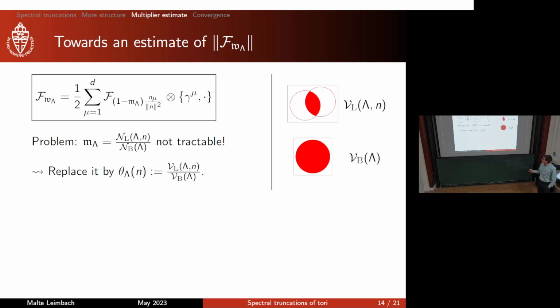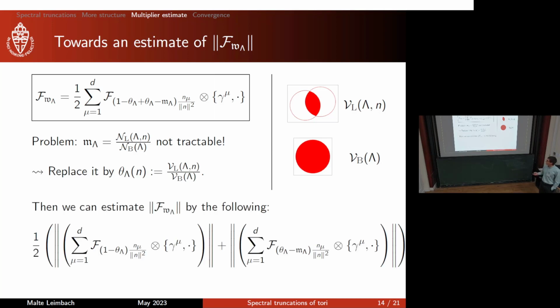So the idea is to replace this quotient of numbers of lattice points by a quotient of volumes and somehow sneak it in there. Now we can pull this apart and see that this operator we can estimate by this one and by this one. And this one might be a bit easier than this one, hopefully, because here we don't have to count lattice points. So I will talk about this one first, and then how we treated that one.